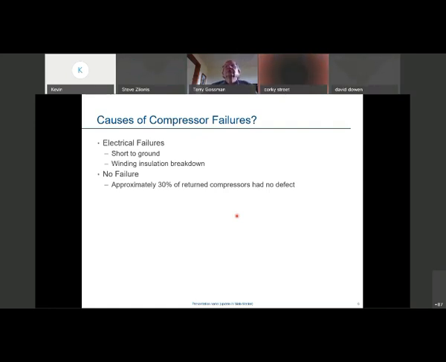Also, on a semi-hermetic compressor, when you have center bearing wear, if you allow that rotor to dip down to the stator, it can impact the stator and create winding insulation breakdown. And basically do that turn-to-turn short.